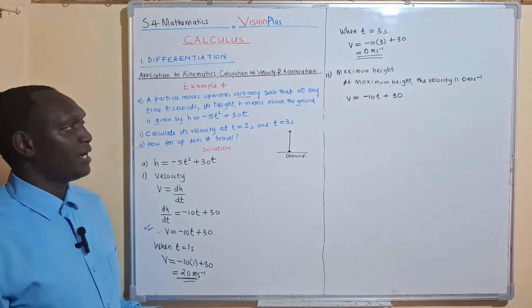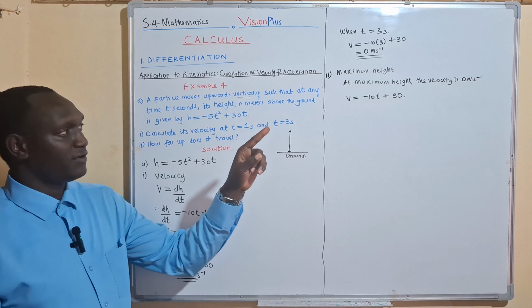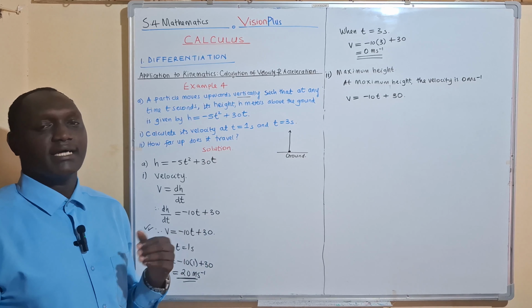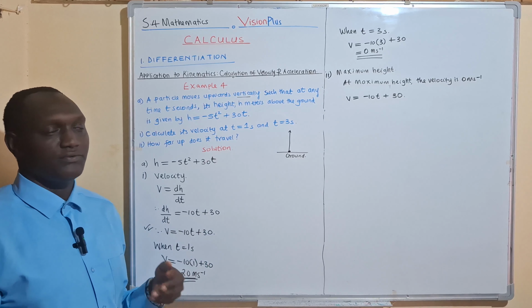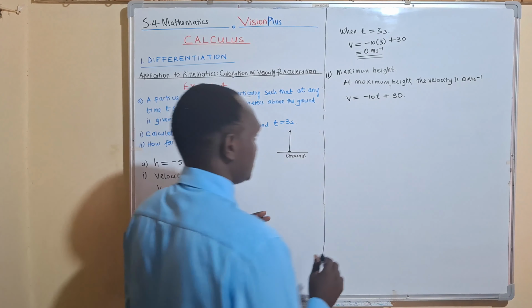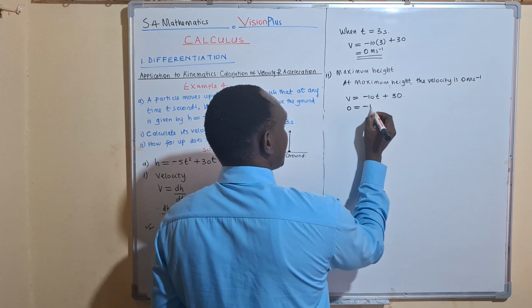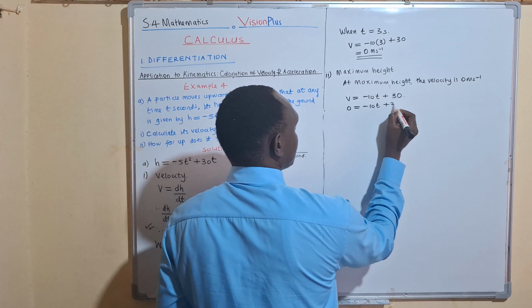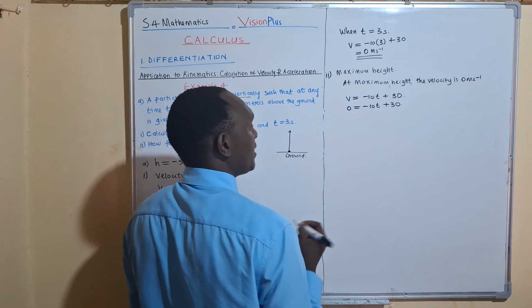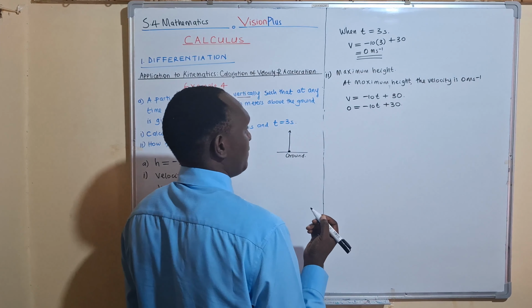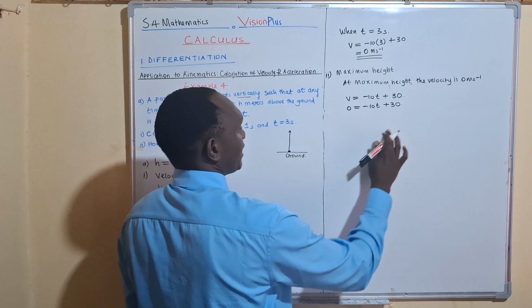Now from here, at the maximum height, the velocity is 0. So let's get the time at the maximum height for which the velocity is 0. Therefore, here we shall say 0 equals negative 10t plus 30. And then we make t the subject of the formula. This is just a simple linear equation.